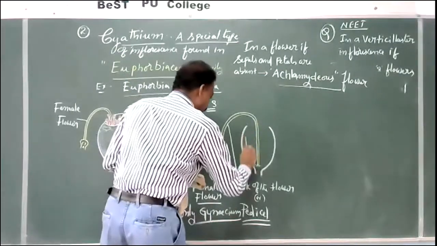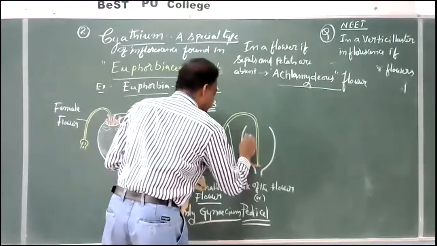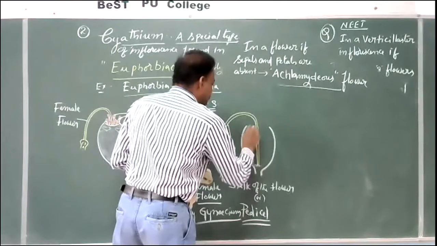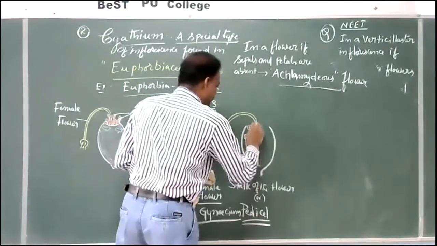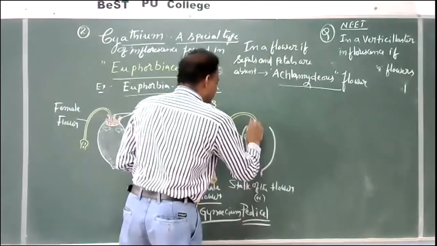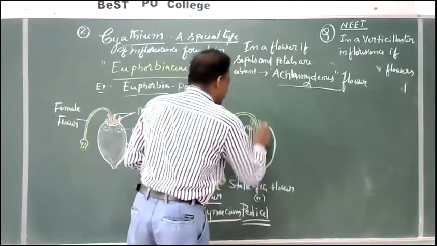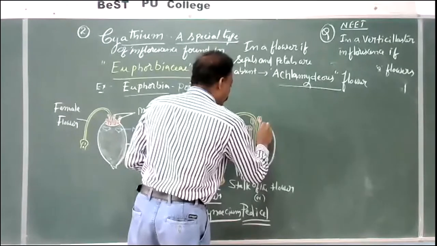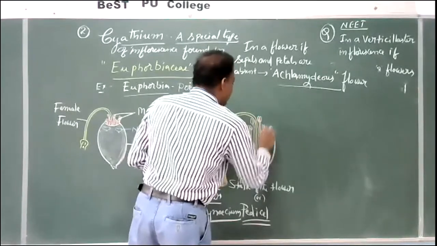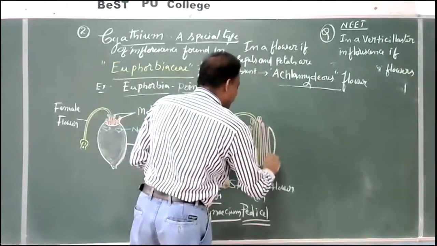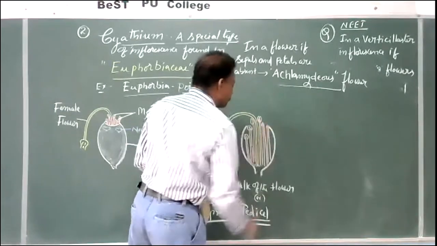See here, one flower here. It is nothing but one stamen. Another flower here, stamen. Another flower here, represented by stamen. So every flower is represented by only stamen, and there is a difference in the size of these stamens.